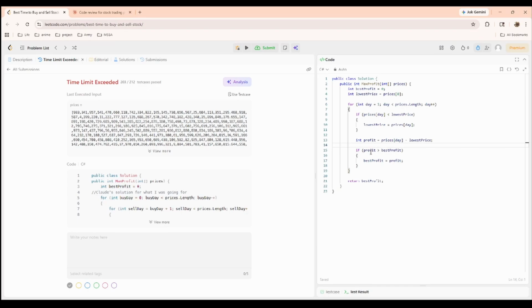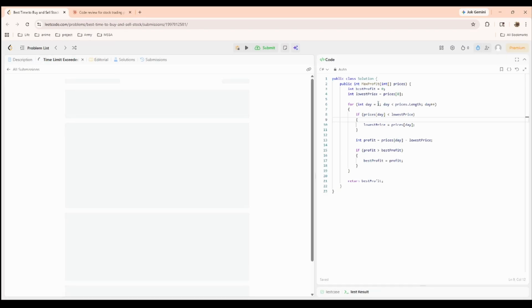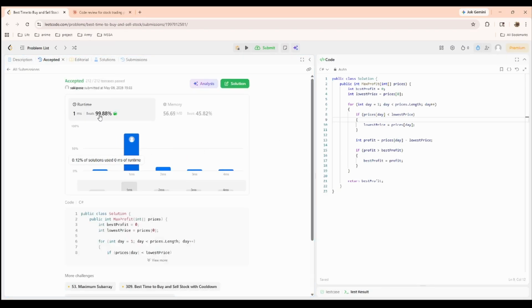If profit, then... oh. I like it. I get it, but if I were asked to write this again, I feel like I would be lost again. But I get what it's trying to do. Wow, and it is efficient.